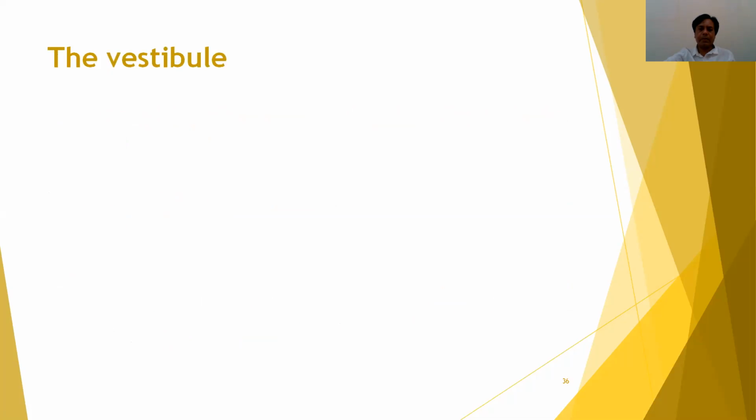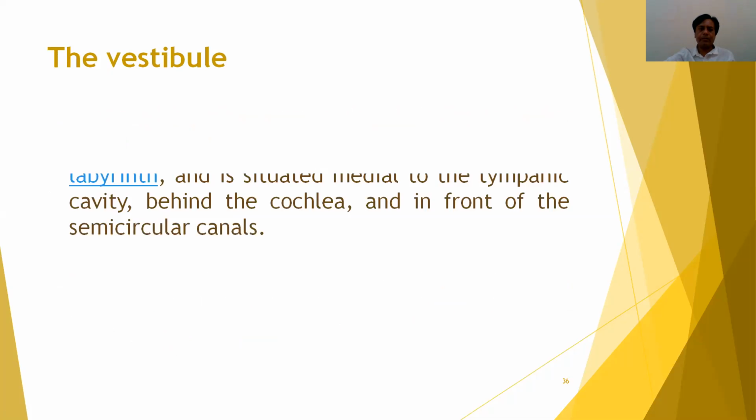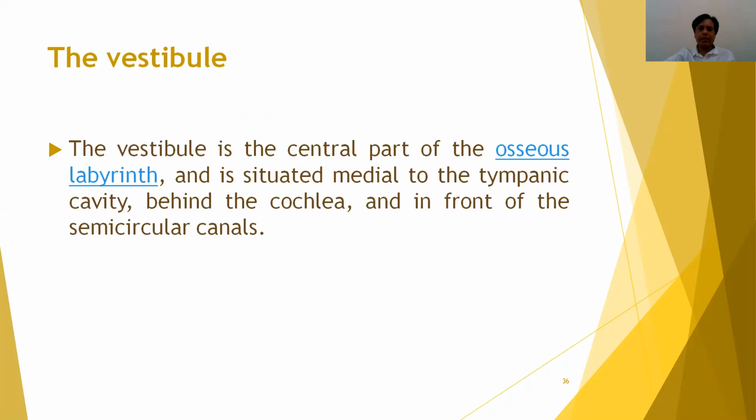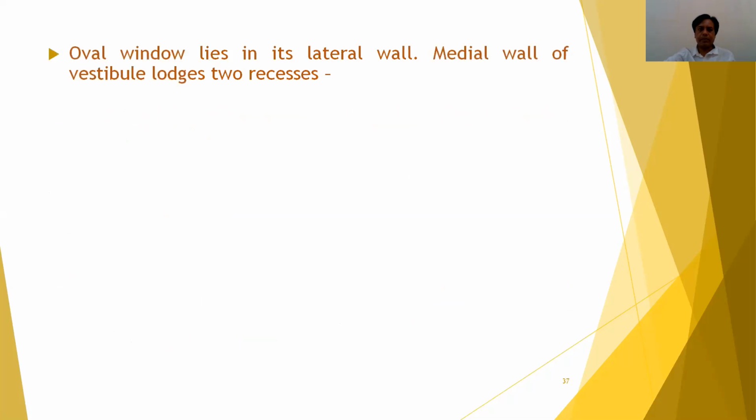Then coming to vestibule, the vestibule is the central part of osseous labyrinth and is situated medial to the tympanic cavity, behind the cochlea, and in front of the semicircular canals. Oval window lies in the lateral wall of vestibule.